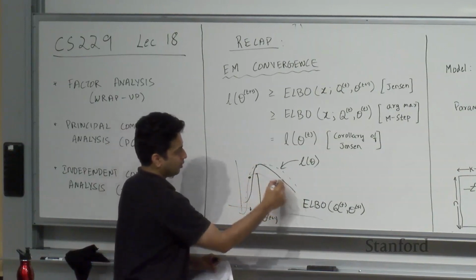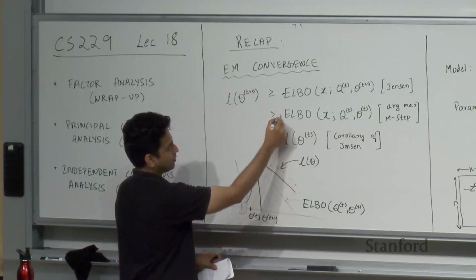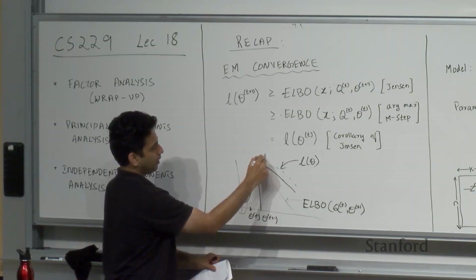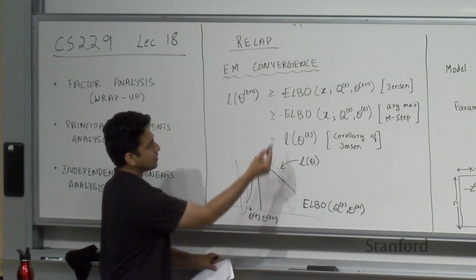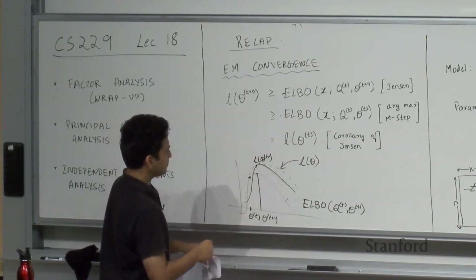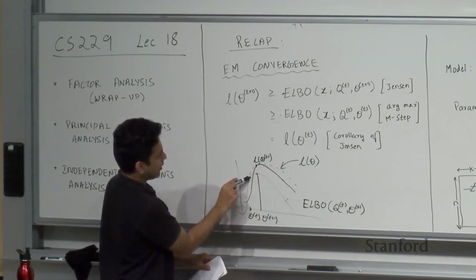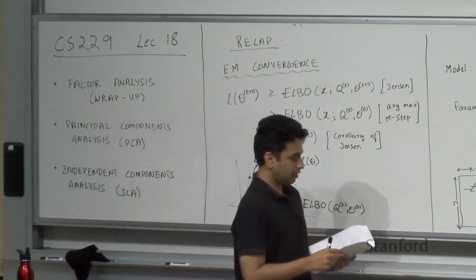So this ELBO is this, and this ELBO is this. And so we got that the likelihood at theta t is less than the likelihood at theta t plus 1. So that was the EM proof.